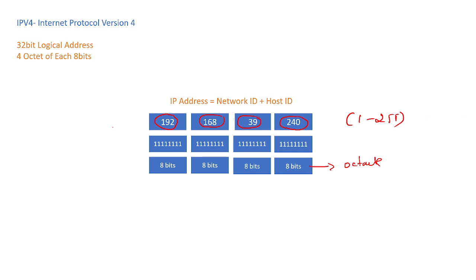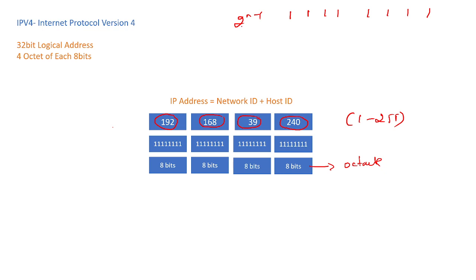I will show you why. There is a formula, 2 to the power of n minus 1. I told you 8 bits here, correct? So with 8 bits, if you write 1, 2, 3, 4, 1, 2, 3, 4.